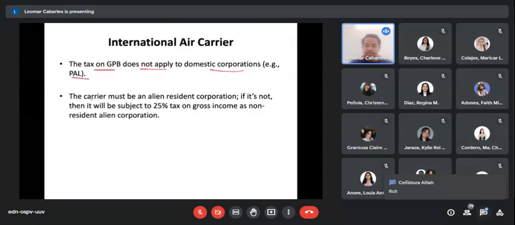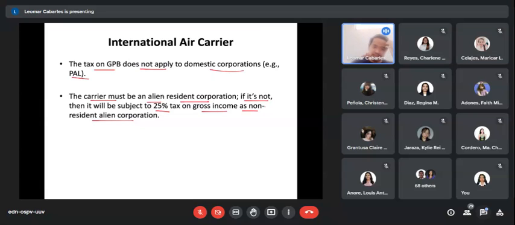Notice the carrier must be an alien, meaning foreign, resident corporation. If it is not, then it will be subject to 25% gross income as non-resident alien corporation. Later natin i-discuss to, yung non-resident foreign corp.